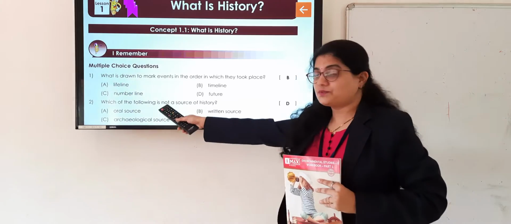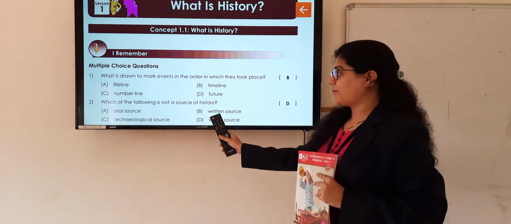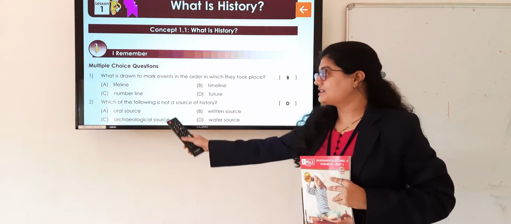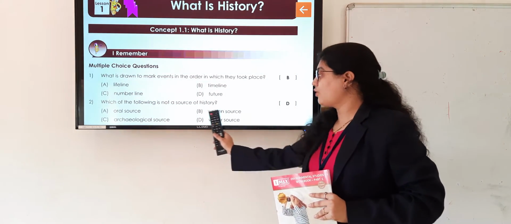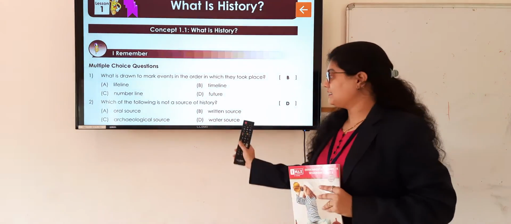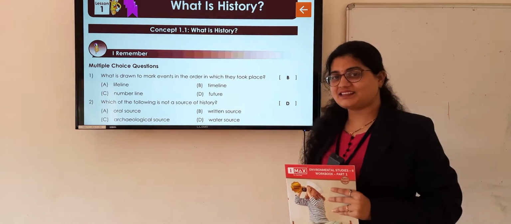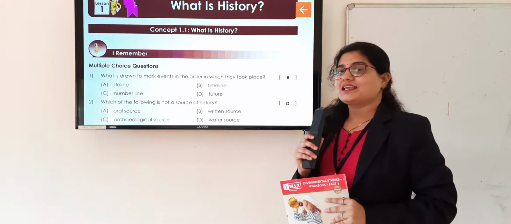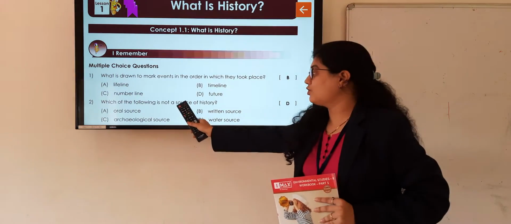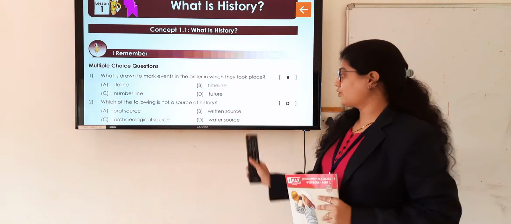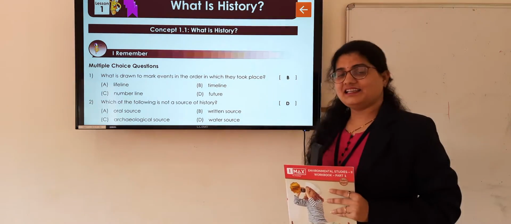Here option A is oral sources, B is written sources, and C is archaeological sources. Now do you think so? Water source, is this source related to history? No. So the water source is not a source of history. So we'll choose option D here.